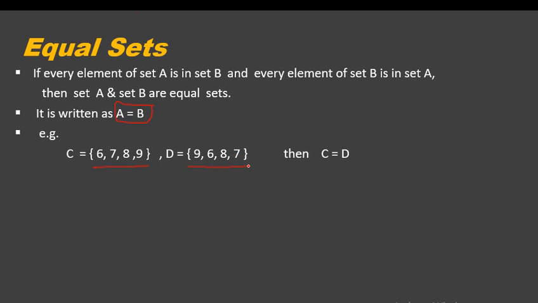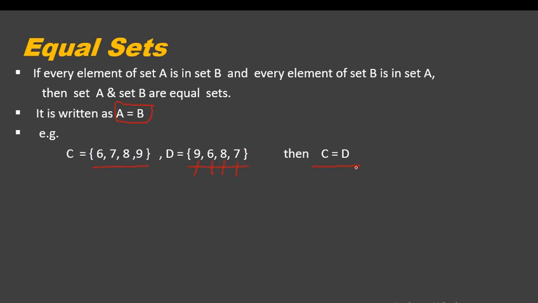But let's check whether the elements are the same or not. In set C we have 6, 7, 8 and 9. So we will check whether D also contains the same elements. So 6 is here, then 7, then 8 and last 9. So the elements are the same. So we say set C is equal to set D. Both sets are equal.